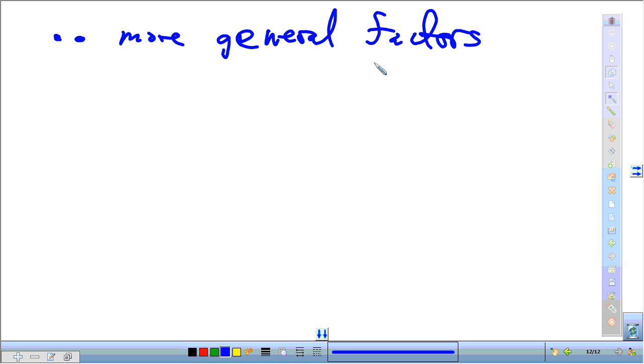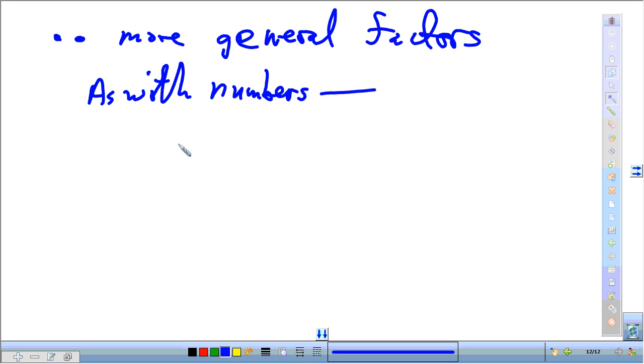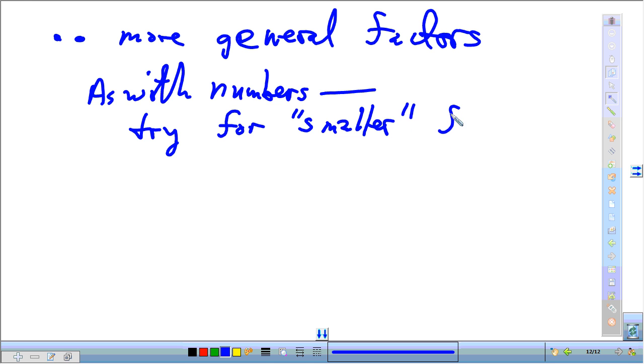So what about other things besides just looking for common factors? So we looked at numbers, but the same as with numbers, we start with an expression, we would somehow want to move towards smaller expressions, in some sense of smaller.